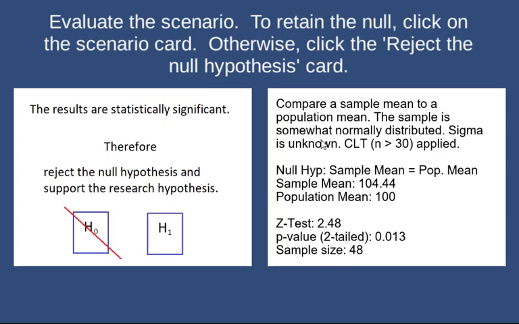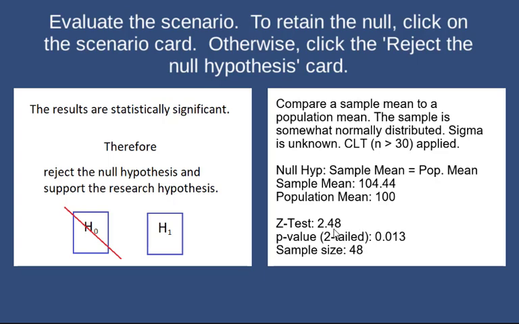Also, when you have a sample size of 30 or larger, your estimated standard deviation is going to be really close to the population standard deviation. So in this case, we get to use the z-test. So our null hypothesis, sample mean is equal to the population mean. So we're looking at a two-tailed test. The research hypothesis would be that they're different. Sample mean is 104.44. Population mean is 100.